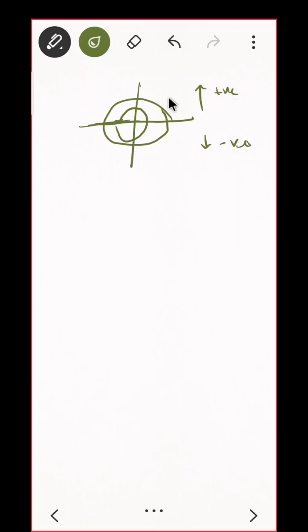So if I draw a quadrant chart, this is theta, and this will be pi minus theta because this line is pi minus theta. On this side it will become minus of pi minus theta, and on this side minus theta.